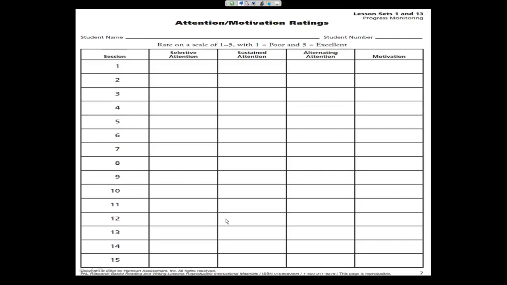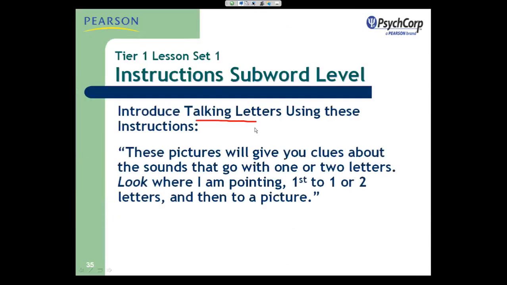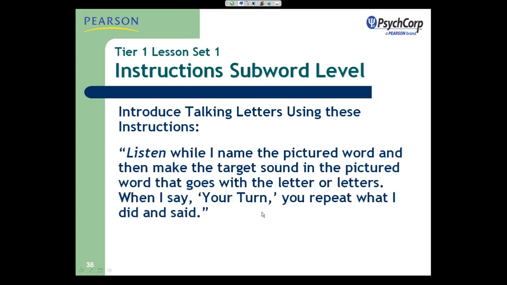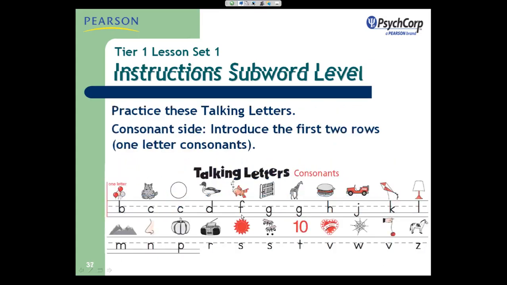And then you're looking at the subword level, specific directions for you to introduce the talking letters. Essentially, the pictures will give you clues about the sounds that go with 1 or 2 letters. Look where I'm pointing, first to 1 or 2 letters, then to a picture. And again, specific directions. You want to make sure the child is paying attention, listen, and then you take a turn as the teacher, and then the student takes a turn. So you practice these.